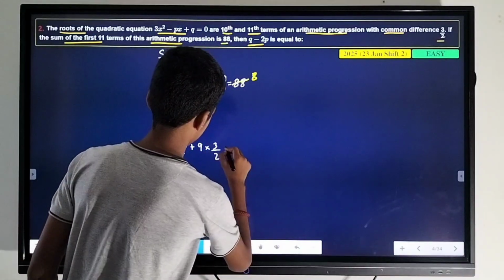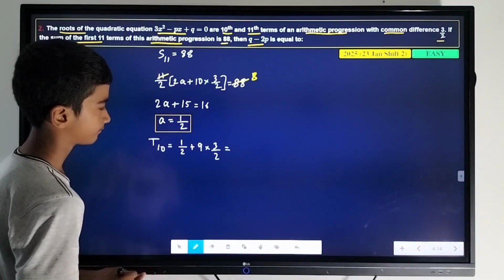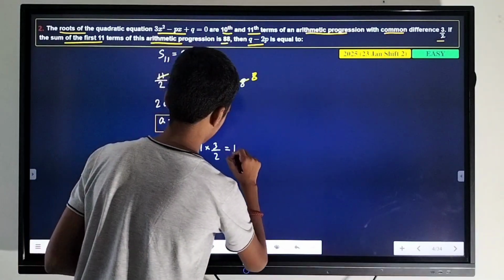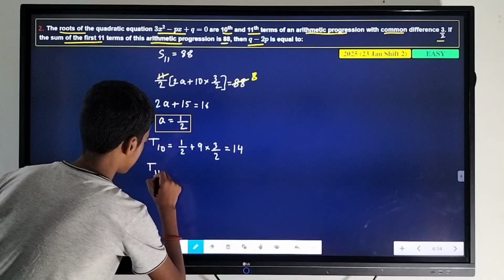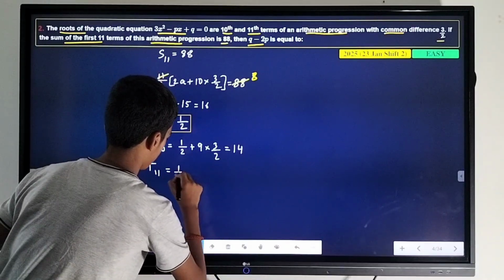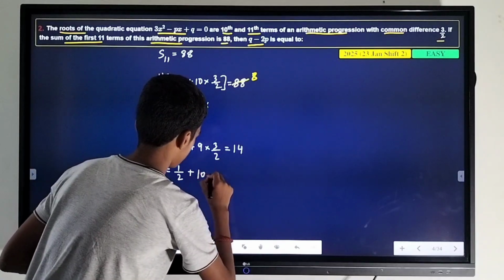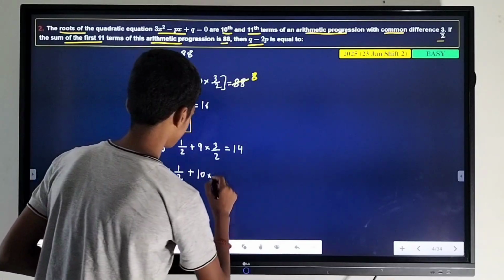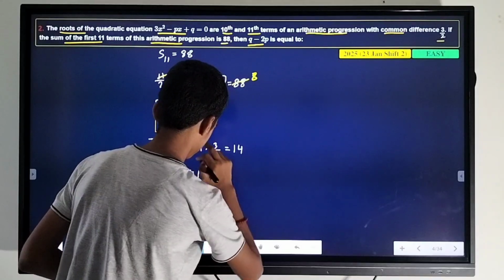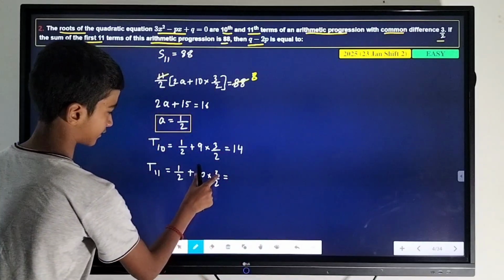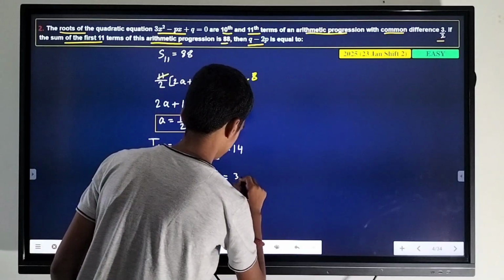So from here this is equal to 27 plus 1, 28 upon 2. 28 upon 2 is equal to 14. And our 11th term is equal to 1 upon 2 plus 11 minus 1, 10, into 3 by 2, is equal to, from here this will be 30 plus 1, 31 upon 2.